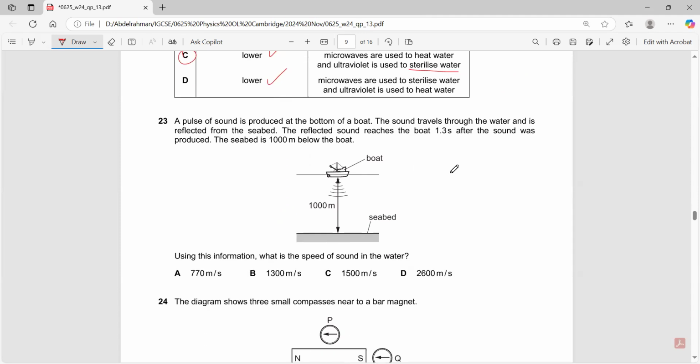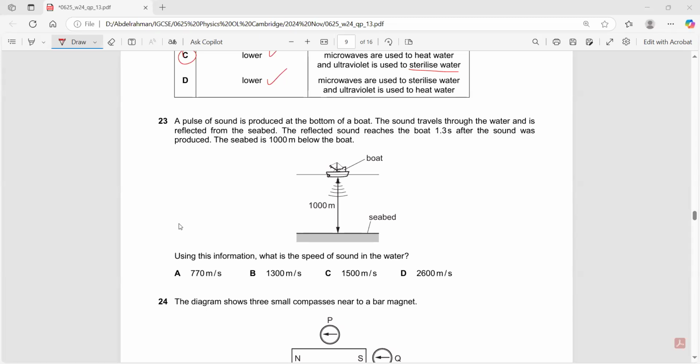A pulse of sound is produced at the bottom of the boat. It is reflected and reaches the boat 1.3 seconds later. Using this information, can I find the speed of the sound? Yes, I can find the speed. The speed would be 2 times distance over time, right?